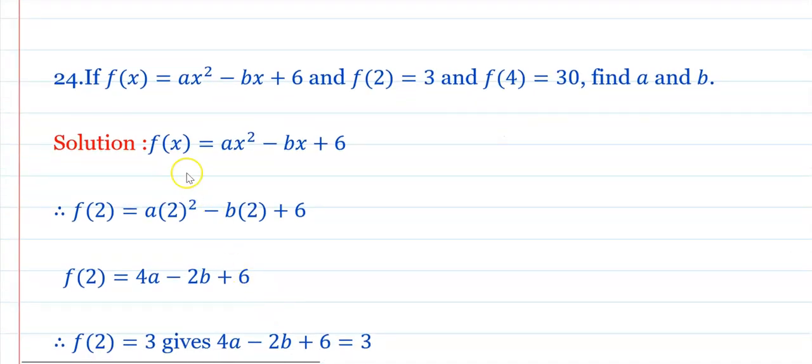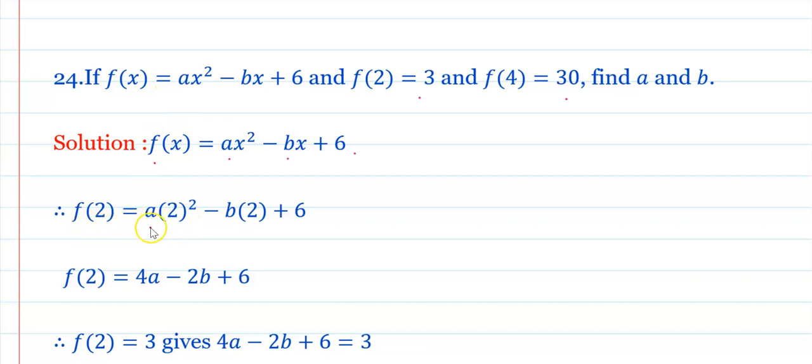Now the next, question number 24. If f of x is equal to x square minus bx plus 6, and f of 2 is 3, f of 4 is 30, find a and b. Now f of x is equal to a x square minus bx plus 6. Then what is f of 2? x is replaced by 2.